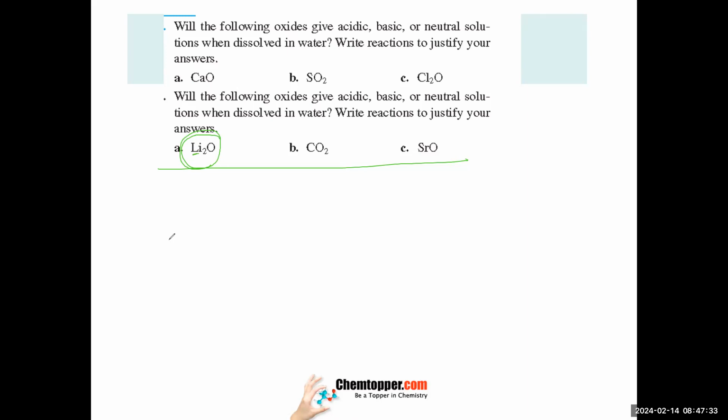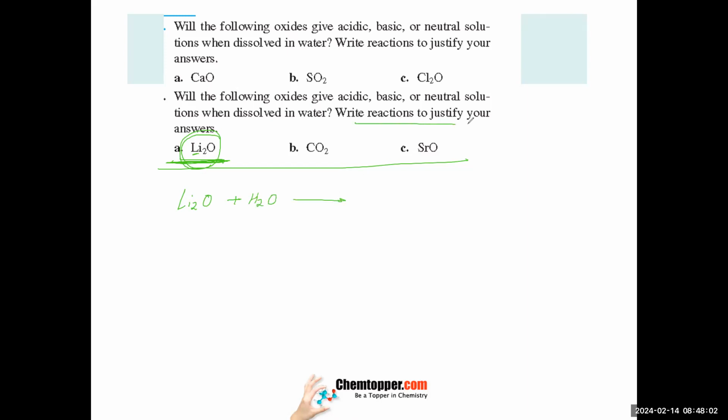Afan, lithium. If it is metal, what kind of oxide is this? Metallic, non-metallic? If it is metallic oxide, is it basic or acidic? If it is basic oxide, when you put this basic oxide in water, what are you going to get? Can you give me the equation?